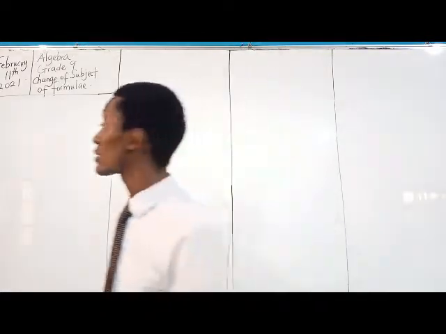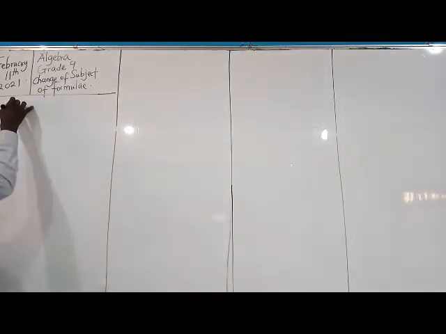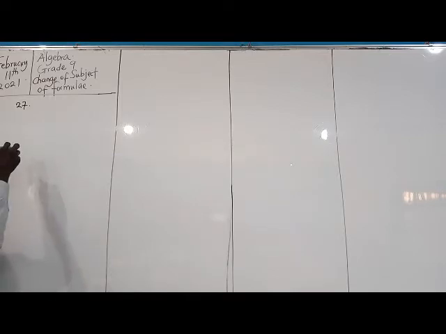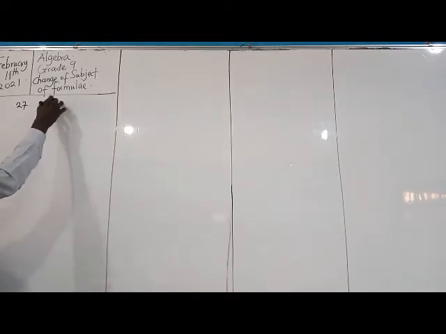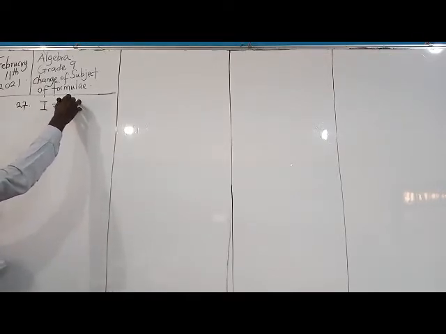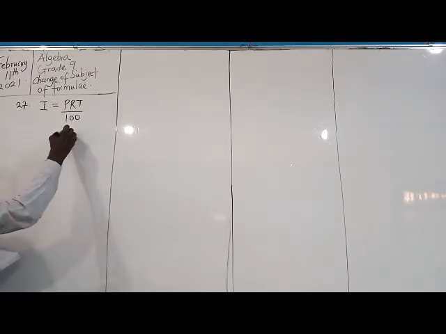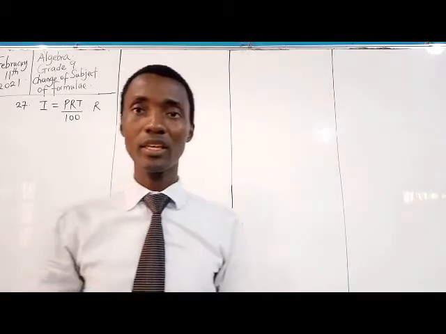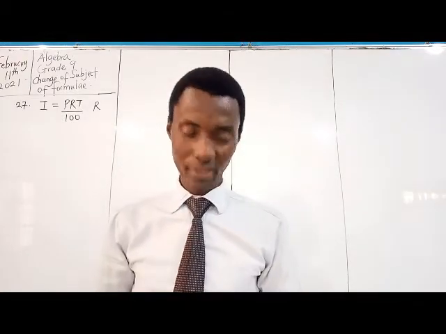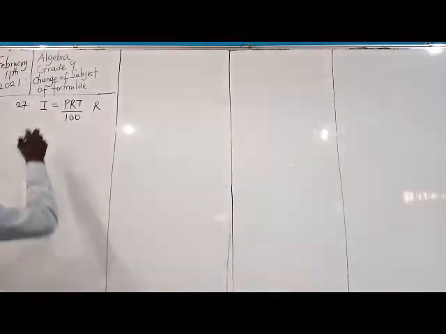So straight to business. In question number 27, we are told that I is equal to PRT all over 100. We are told to make R the subject of formula. Remember that we are handling exercise 6D. How do we go about this?